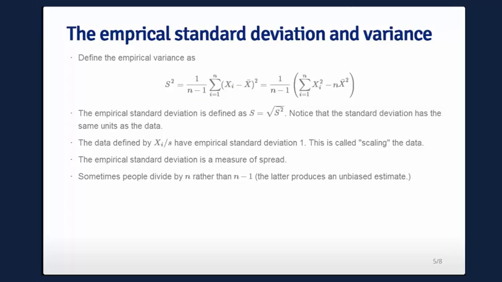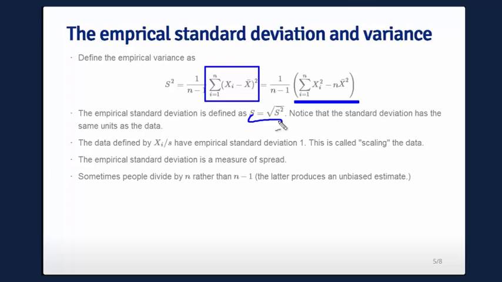Here we're dividing by n minus 1 instead of n. And there's this shortcut formula right there for this quantity. That's the empirical variance. The empirical standard deviation is, of course, just the square root of the empirical variance, defined right there. And we divide by n minus 1 right here.